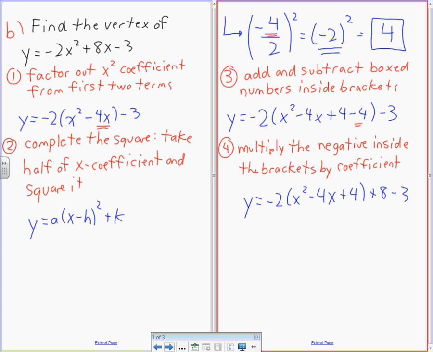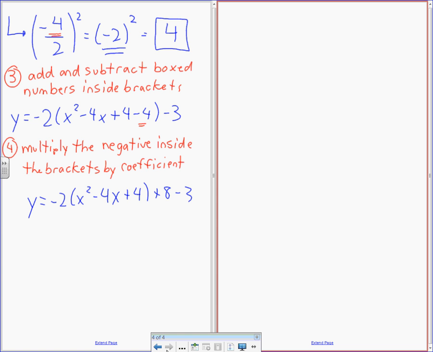Liam, step 5. What was step 5, please? Use the underlined term in factored brackets. And this is what was confusing people on Thursday.